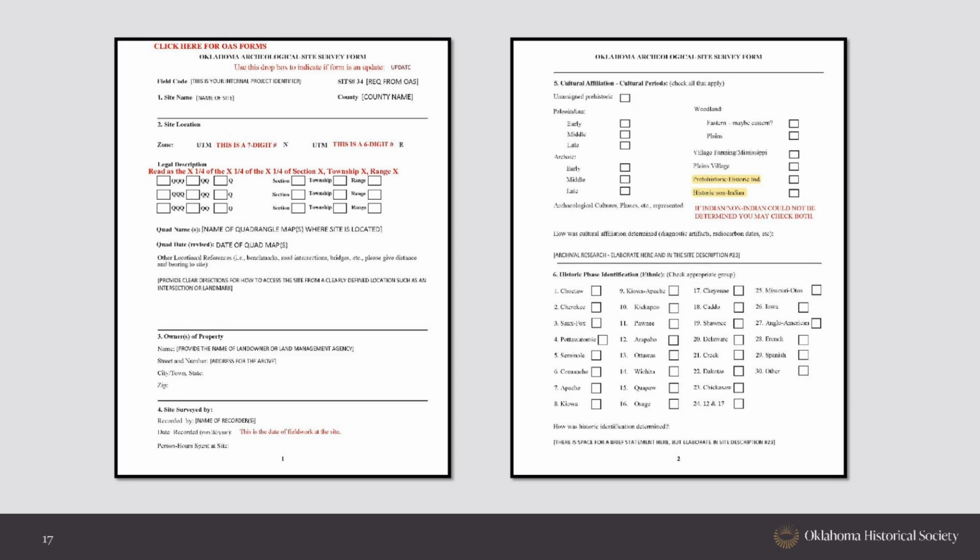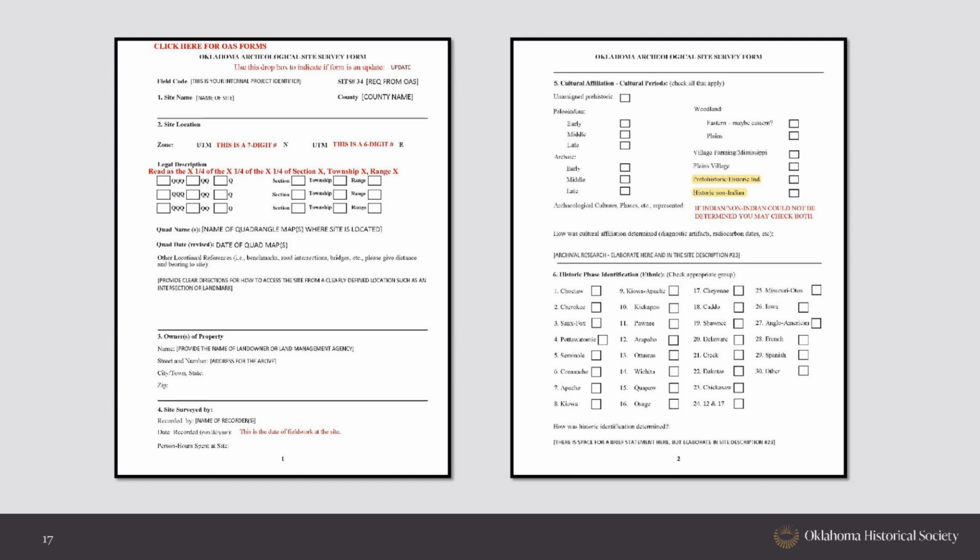So if you're documenting a site and maybe it's a lithic scatter, or maybe it's a trash scatter, but you don't have integrity, you don't have features that are present or significant deposits, and so you're not doing the deed research that would get you to the answer to that question, you can check both of these, or you can make a note.